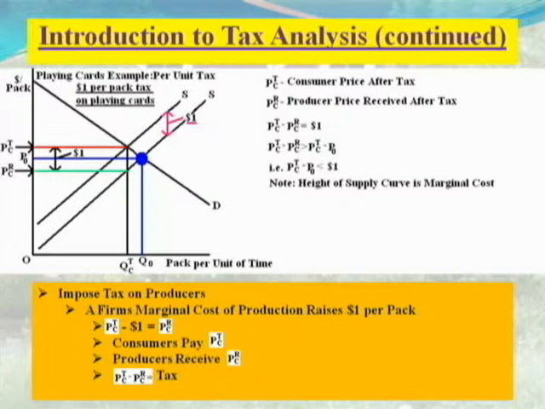Now with the tax assessed on the producer, you'll see PTC on the left, the red line. That is the price that is paid after the tax by the consumer.